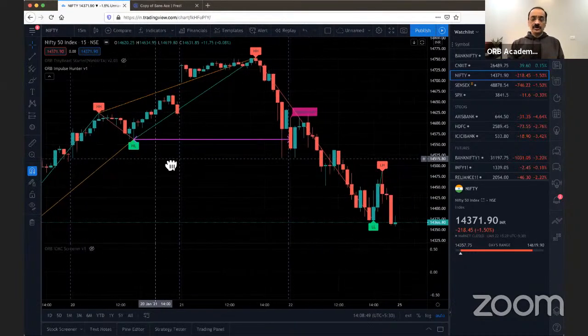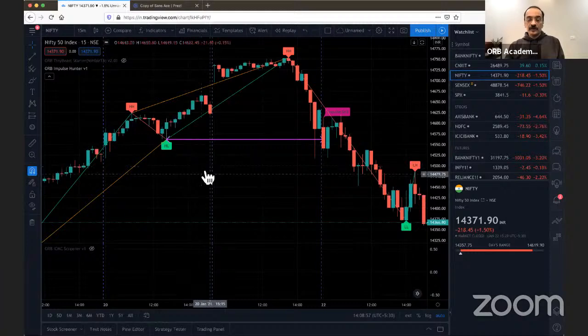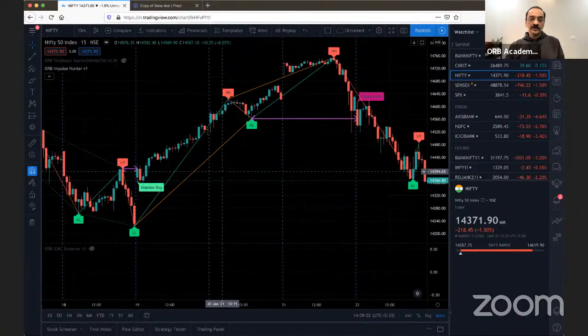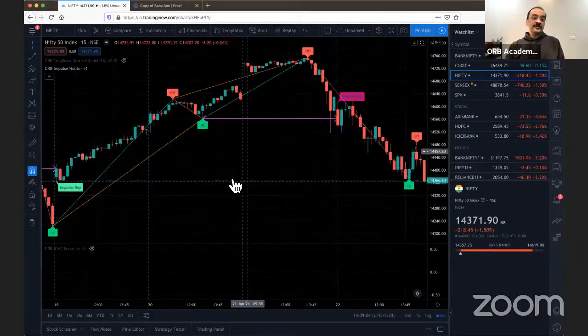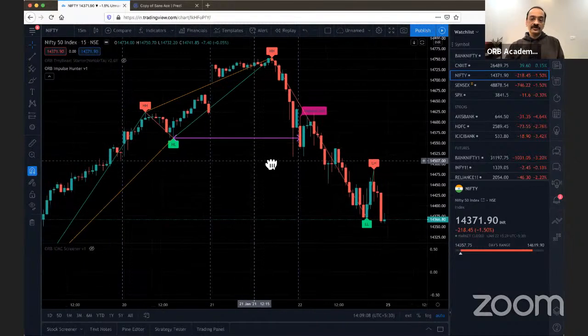Now this is a particular indicator which you develop for identifying the impulse trade, the wave trades, and this indicator will help you identify those trades and also plot the ascending and descending for you. If you see here, this is a trade which happened on the Nifty 15 minutes chart on Friday.